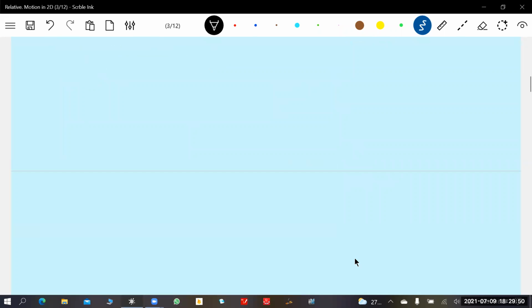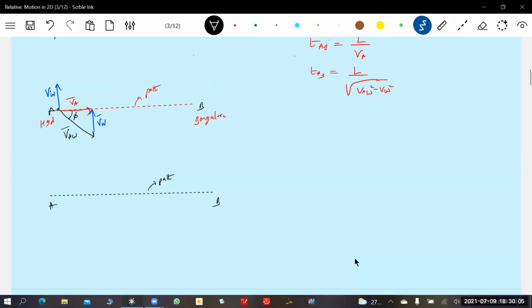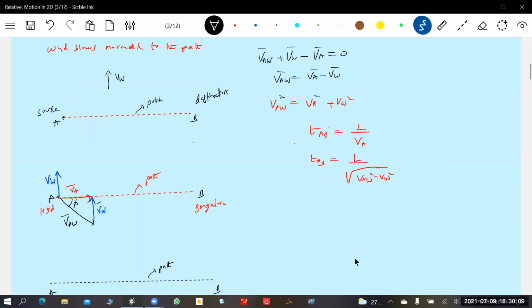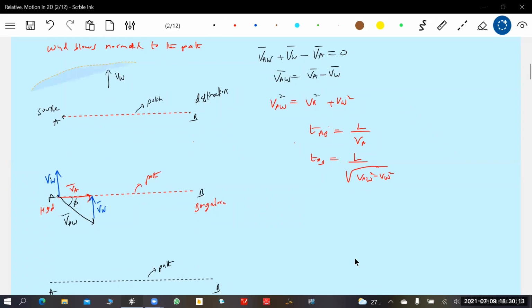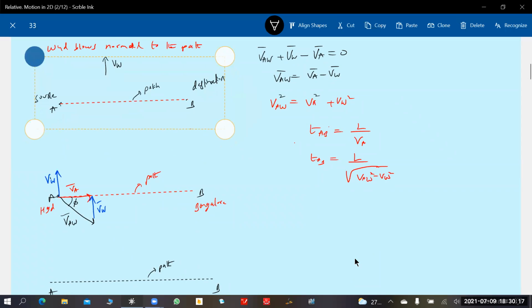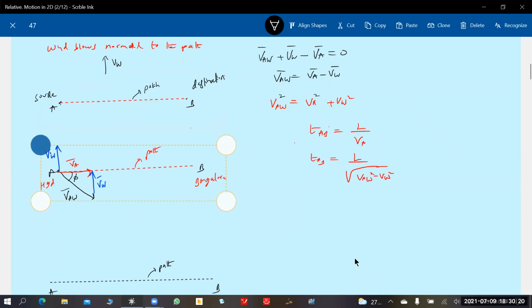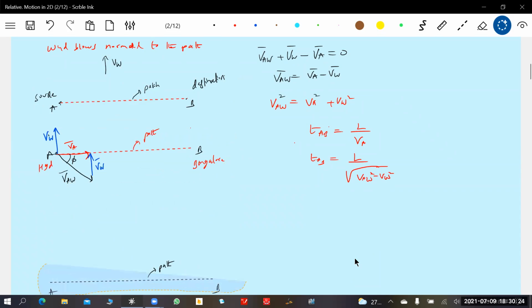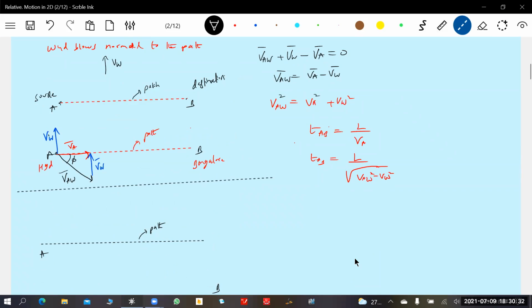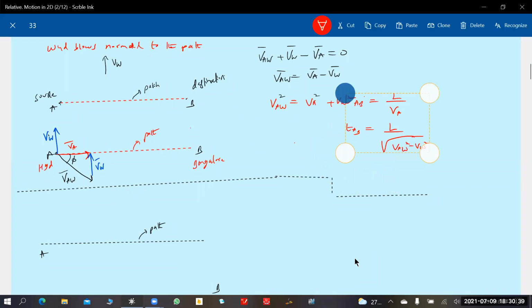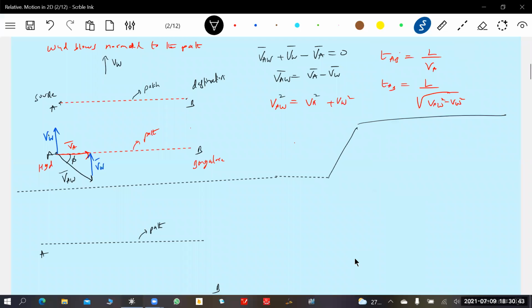Let's see if the wind blows at an angle. This will be very important. Here is the path.